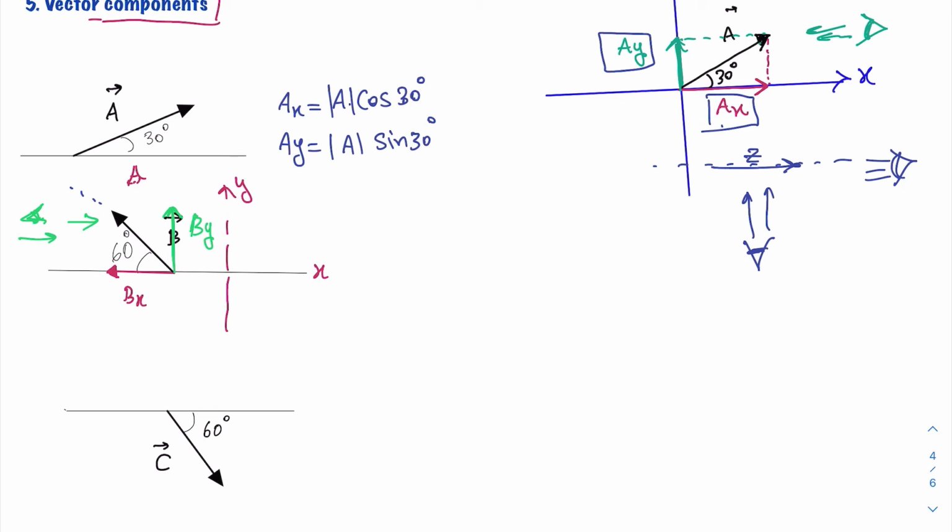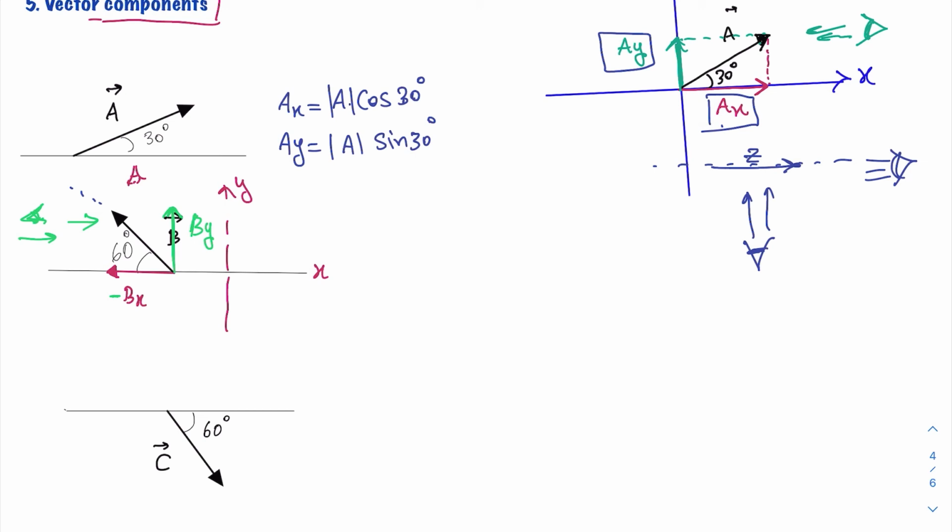So therefore, the x component of this vector must be negative, because it is towards the left, or due west.